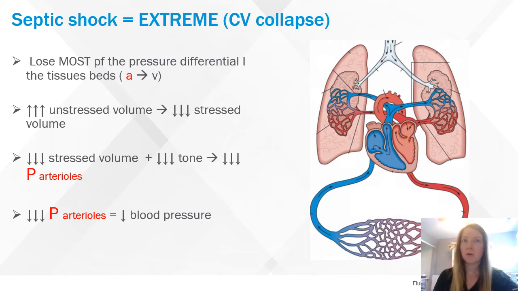When you lose most of that pressure differential because of a bigger increase in your unstressed volume, which causes more of a decrease in your stressed volume, you have a much bigger drop in that pressure gradient. And that manifests itself in septic shock as a decrease in your blood pressure. So this is a key point: what happens at the cellular level is affecting what's happening to the body on a macro and a microcirculatory level.